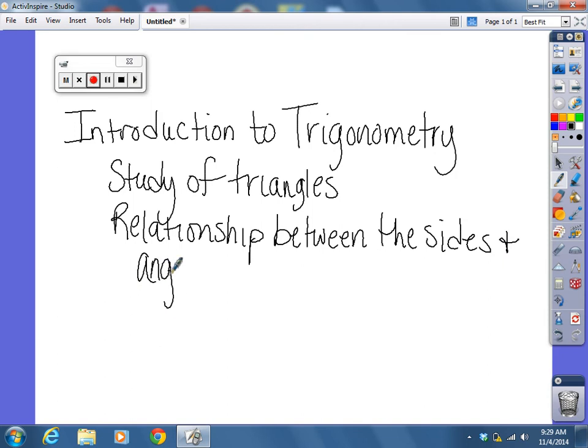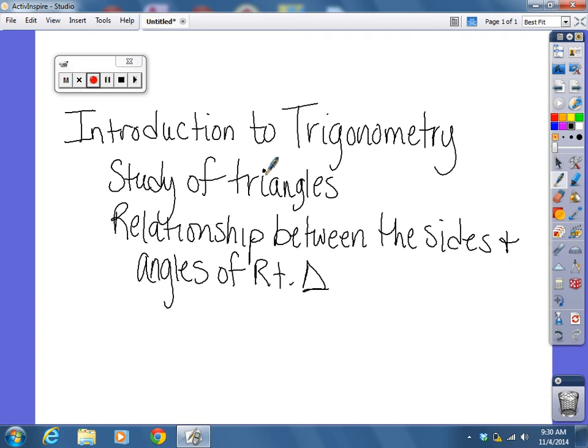So we've been talking about right triangles, sides and angles of right triangles. So it's pretty important. We've been talking about right triangles and special right triangles. That was the 45, 45, 90 and the 30, 60, 90. So these are the types of triangles that have different angles that aren't specifically the special right triangles. And you'll be able to use trig to solve them.